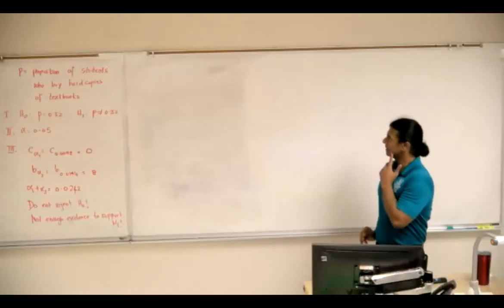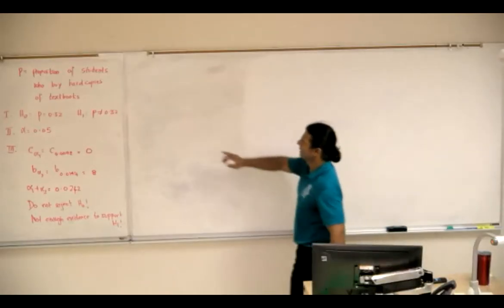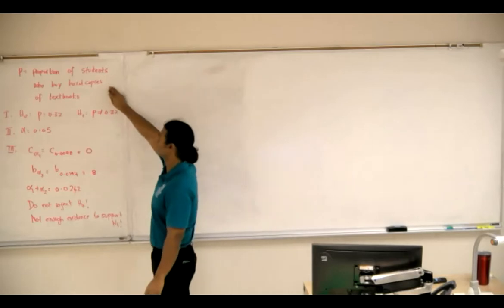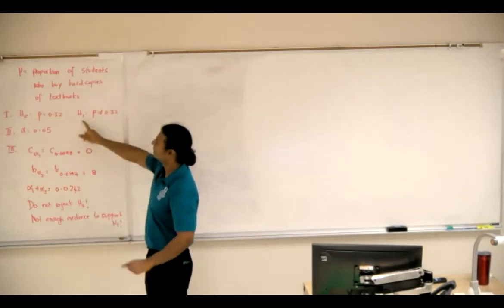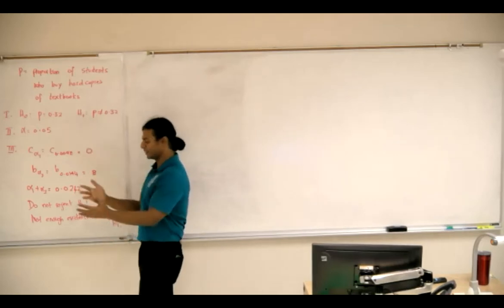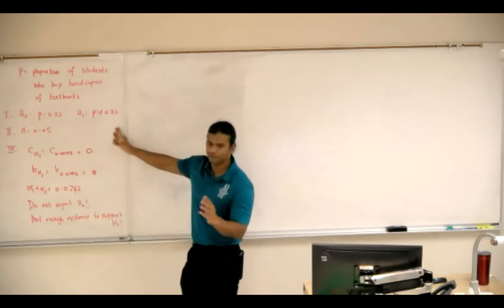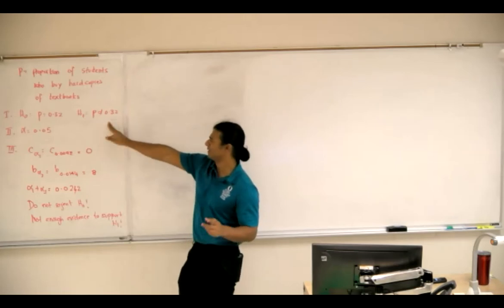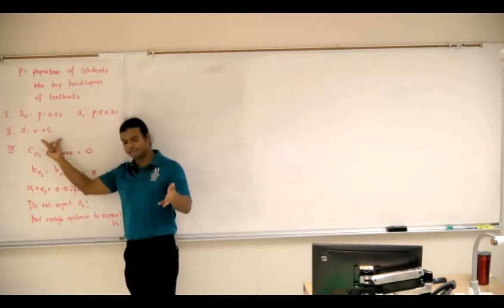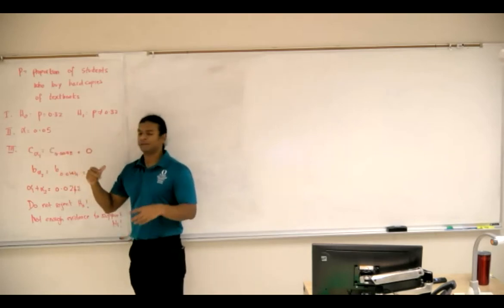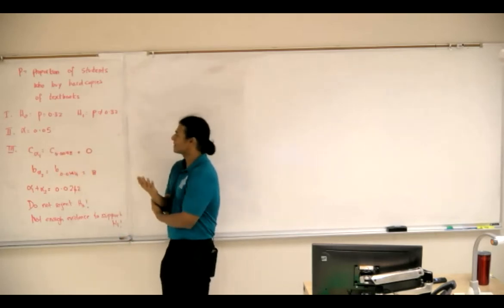So last time we had the proportion of students who buy hard copies of textbooks, and the null was it is equal to 0.32, alternative not equal to 0.32. The claim was the alternative. We set an alpha of 0.05, so probability of type 1 error.